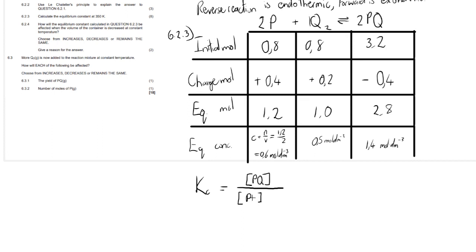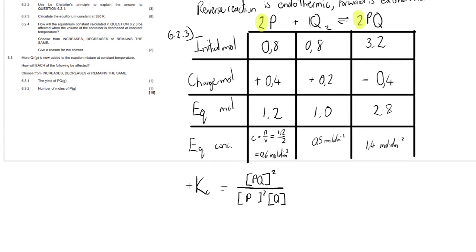Okay, and so P and Q. We also need to bear in mind, there's a ratio there. And so the ratio of PQ, that 2 will go there. The ratio of P, that 2 will go there.